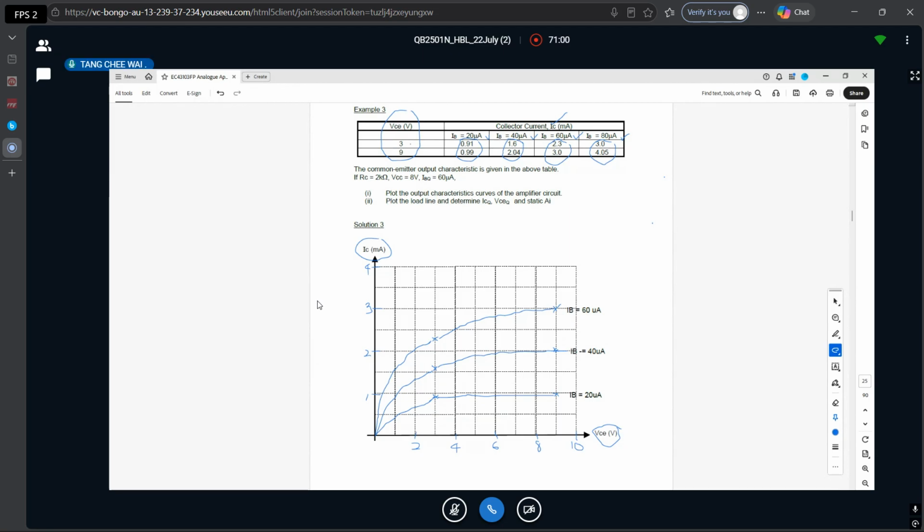So first of all, I look for 3 volts. Where is 3 volts? 3 volts is around here. So 3 volts, move up. Then my collector current is 0.91, so about here, very close to 1. So I draw the line.